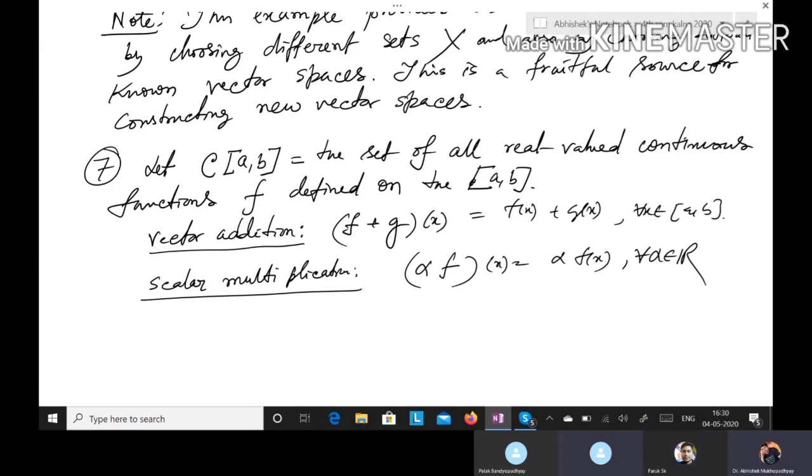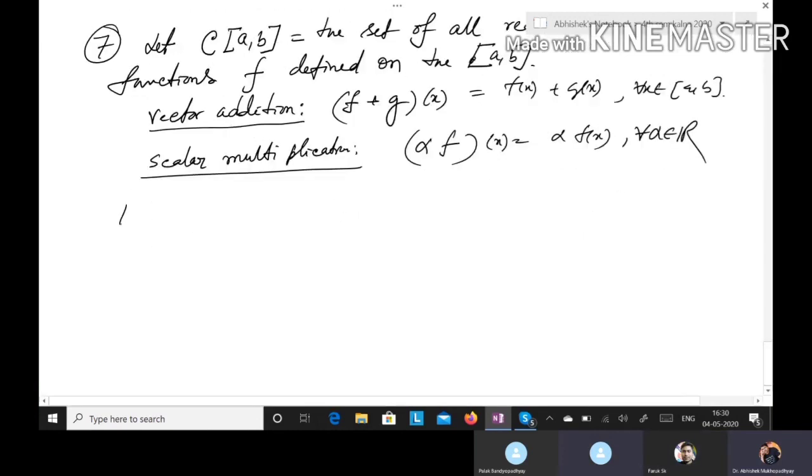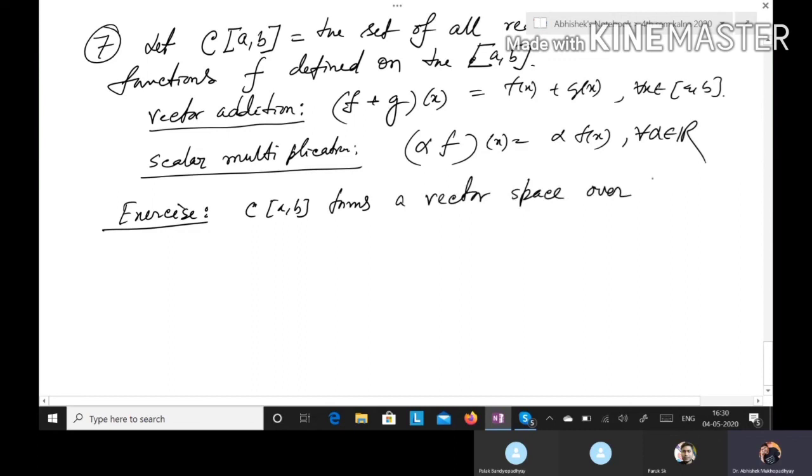And this is an exercise again, that C[a,b] also forms a vector space over the field of reals R.